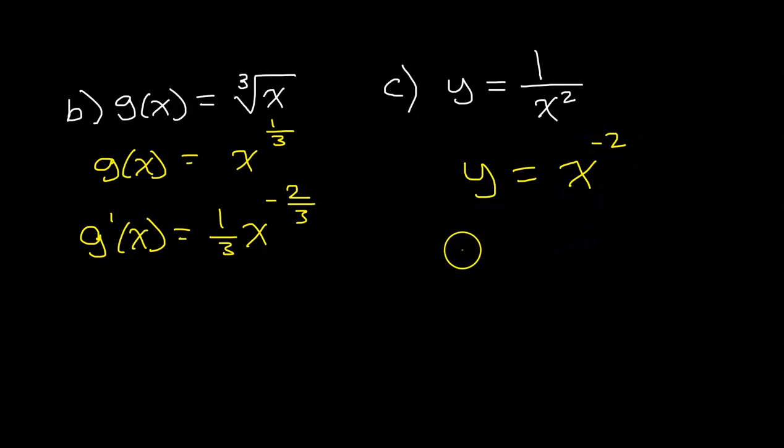And now we can just use the power rule. So y prime, the derivative, should equal negative 2x. I've brought the negative 2 to the front, so now I need to subtract 1. Negative 2 minus 1 is negative 3. So this is y prime, the derivative of function y.